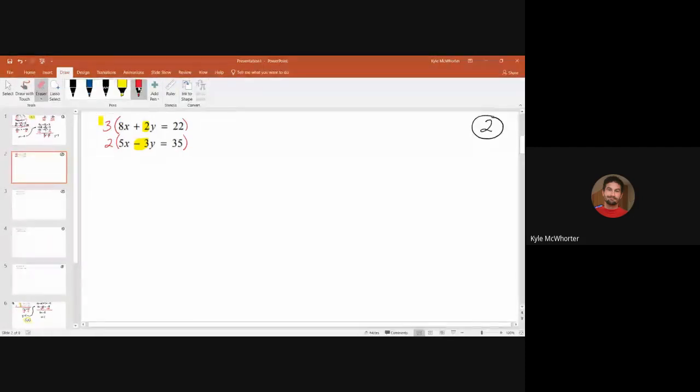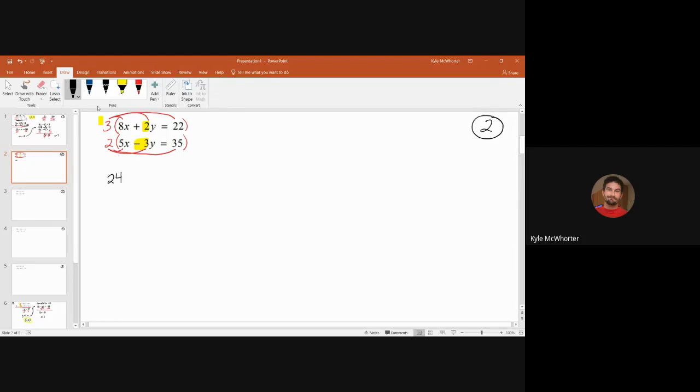Okay. Anywho, we're going to distribute the 3 now. So we're going to distribute the 3 to everybody inside the equation, and we're going to distribute the 2 to everybody in this equation. So for the top equation, 3 times 8 is 24.